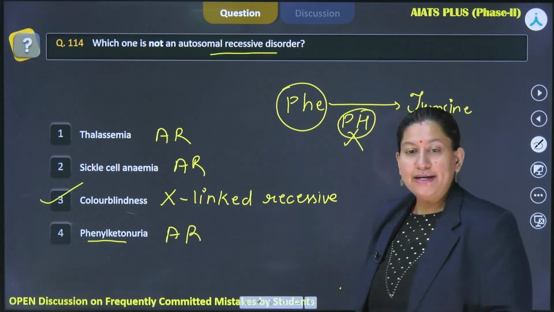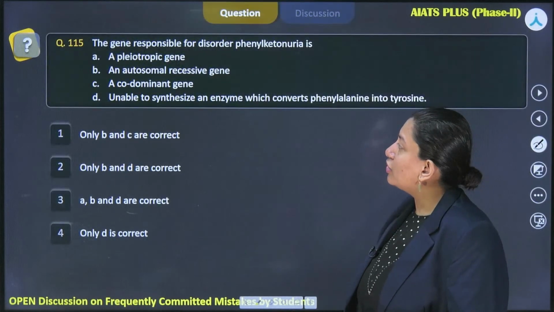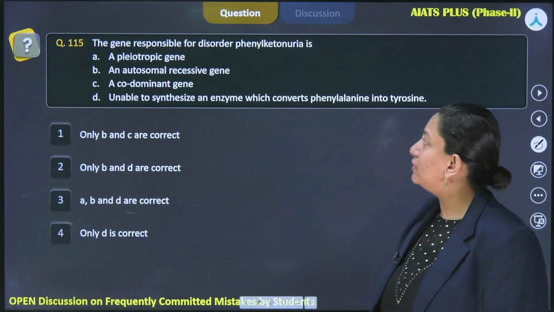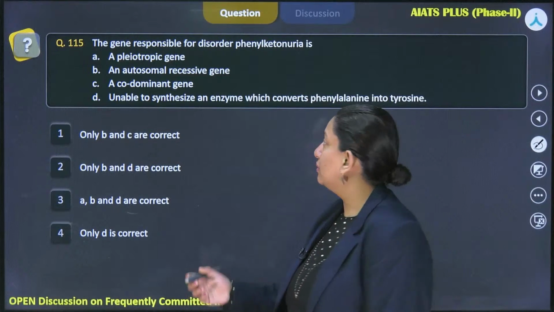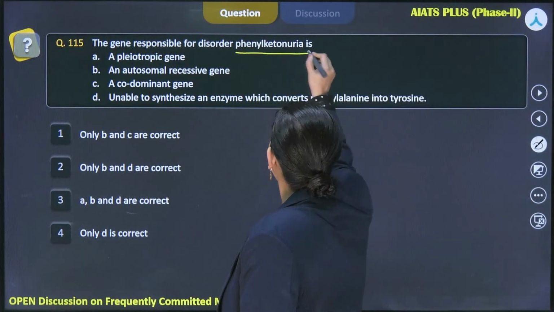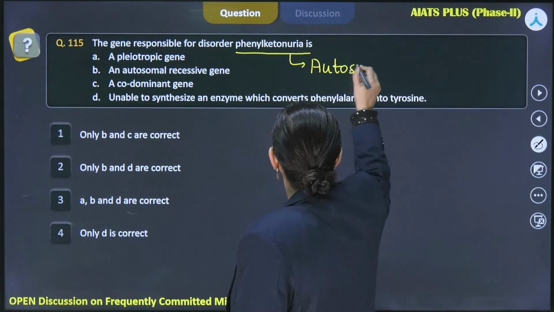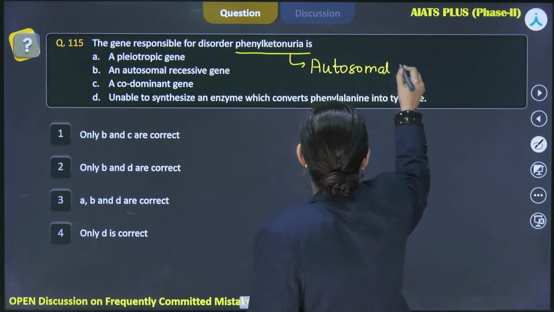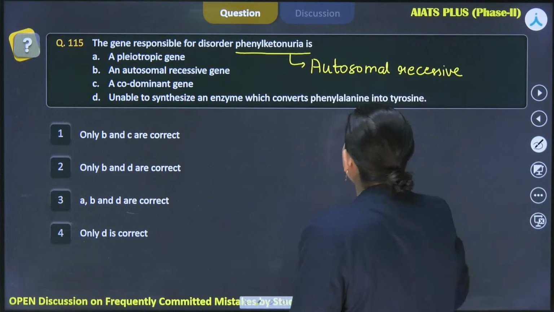Now let's move ahead. Another question, and this question talks about the gene responsible for the disorder phenylketonuria. As we have discussed in the previous question, this particular disorder inherits itself in an autosomal recessive fashion, right?